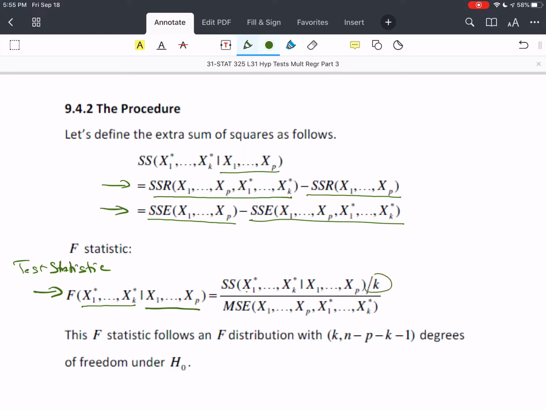So we have that k, all divided by MSE of the full model. We want the full MSE because that's the case where we have included all of the variables in the model. And here we do have all of the variables in the model.